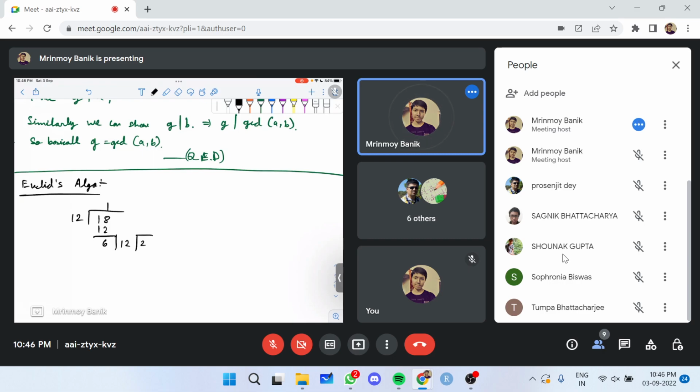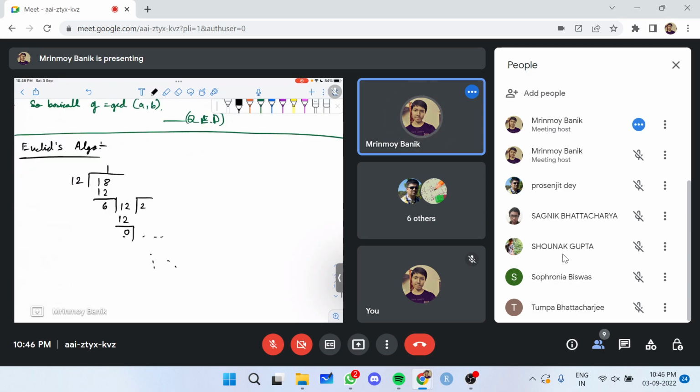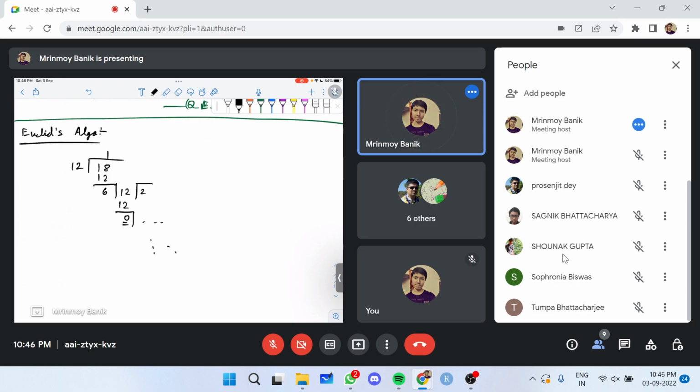So you got 2, and keep on repeating it till you get a remainder 0, which fortunately you got in step 2 in this case. And then you mark the corresponding divisor as the HCF or GCD of the given two numbers. So GCD of 12 and 18 is 6.